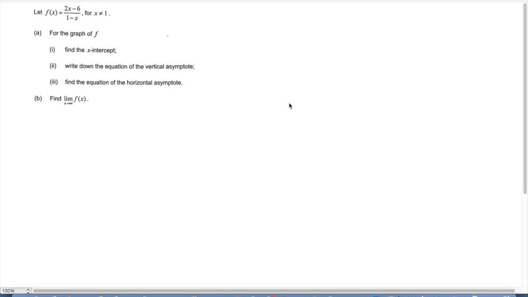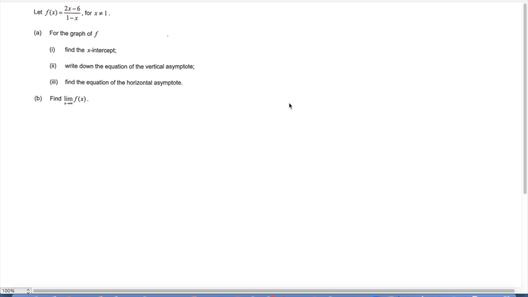And today we would like to look at one of the questions in the 2015 May exam. This question is related to functions, and in particular, it is in paper 2, the calculator test.